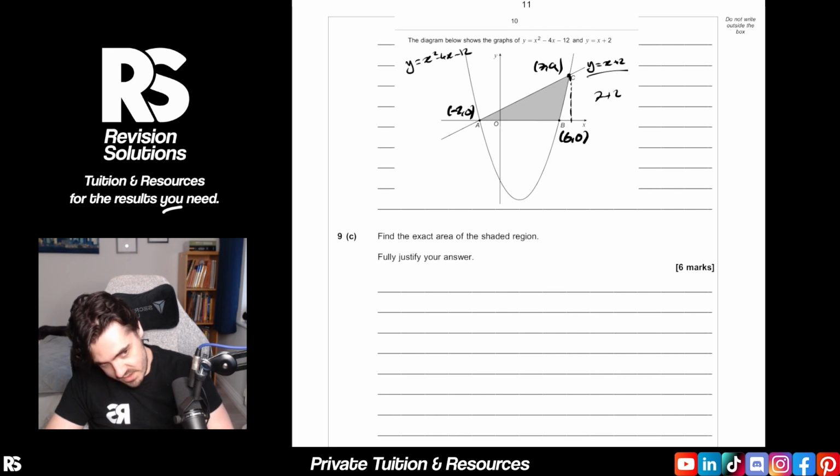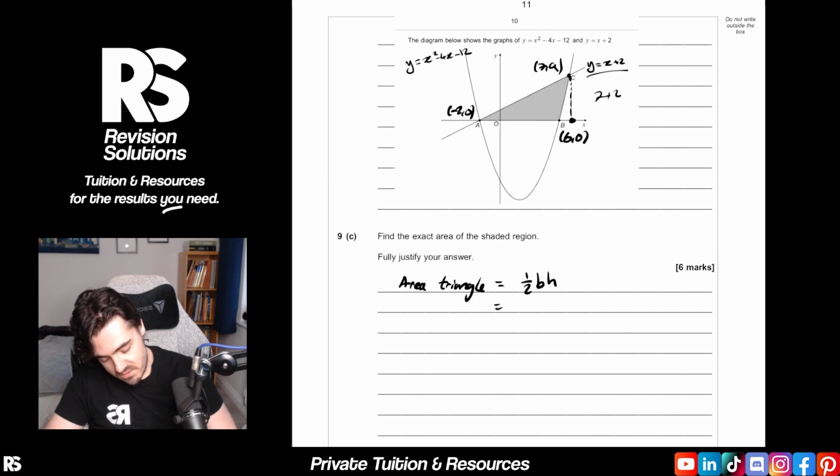So the area of the triangle is going to be given just by a half base times height. The base goes from -2 to 6. Sorry, not -2 to 6, -2 to 7, because that point there is the end of the triangle.